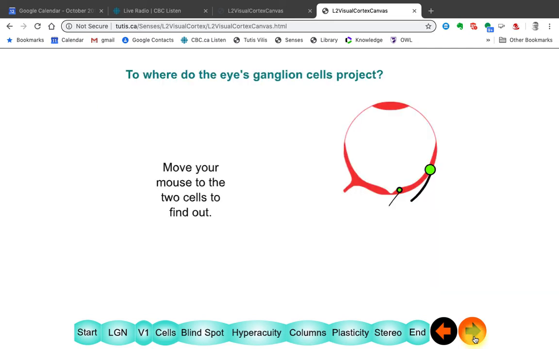Now, where does a ganglion cell first project to? Well, there's two types of ganglion cells. One's close to the fovea, which we saw had high acuity and could be useful in reading.